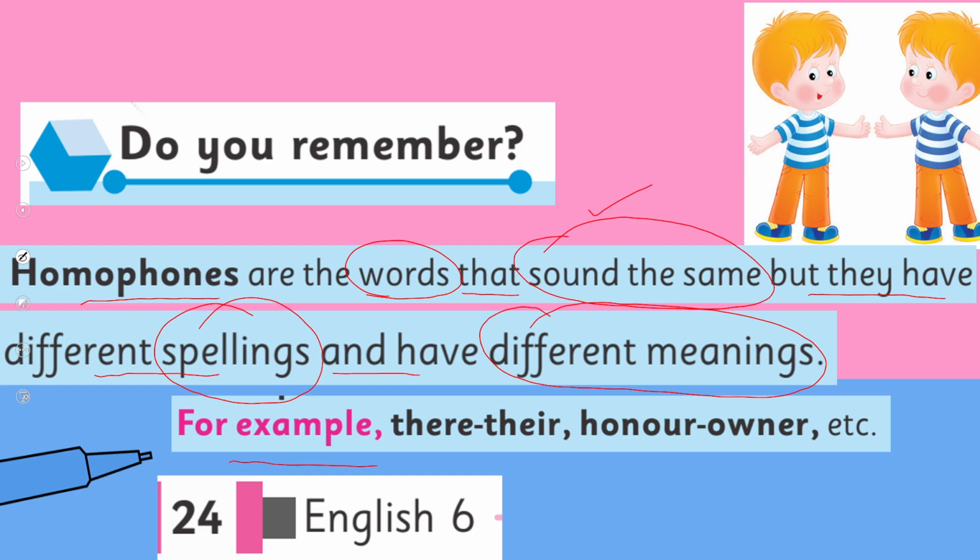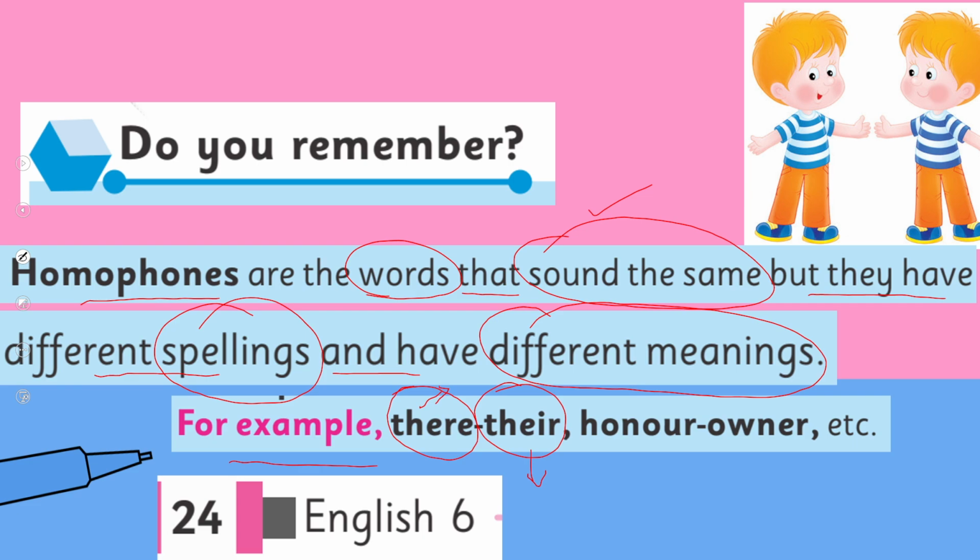For example, the words there and their. Now this is a pronoun and this is a direction that you are telling, here and there. So these two words have different spellings and different meanings, but they sound the same.